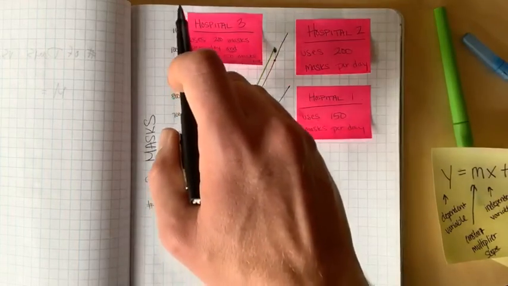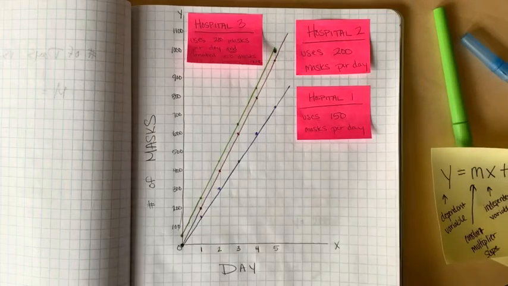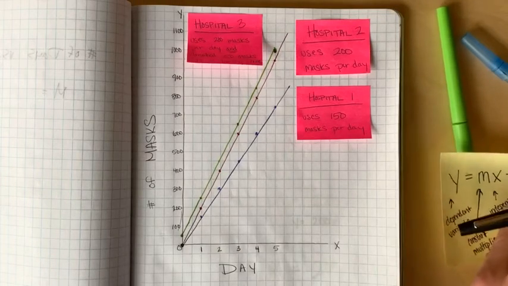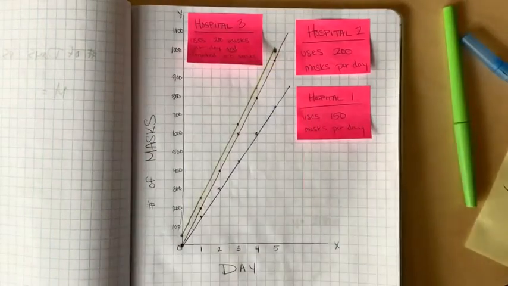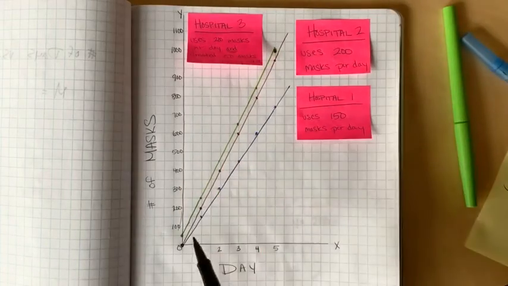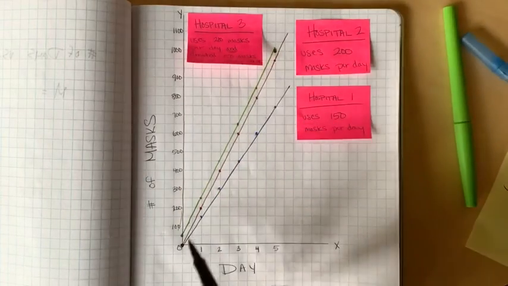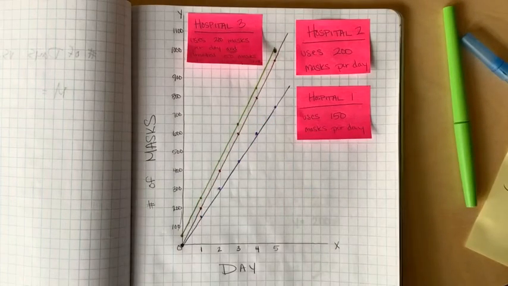It crosses our y-axis right here at 0,50, all right? We talked about how that's because they had a starting point of 50. They started by using 50 masks. On the graph, we can see that that starting point tells us exactly where the green line is going to cross or intersect the y-axis.